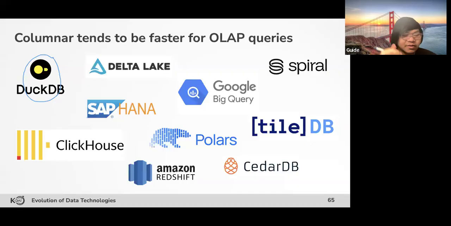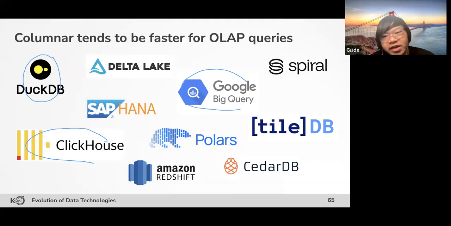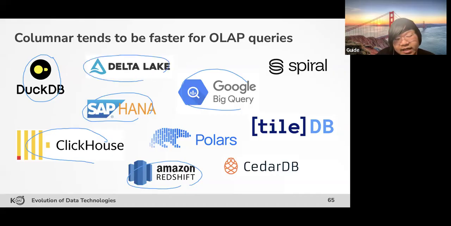There are other things as well. The ClickHouse that I showed you contains some data cube operations. Some big companies have Google BigQuery, Amazon Redshift, SAP HANA. A new one, not that recent, is Delta Lake.